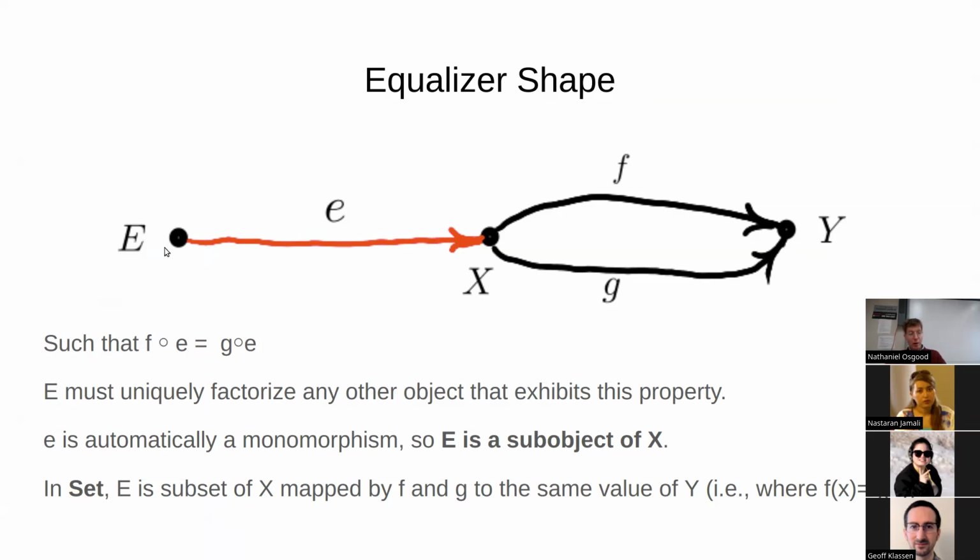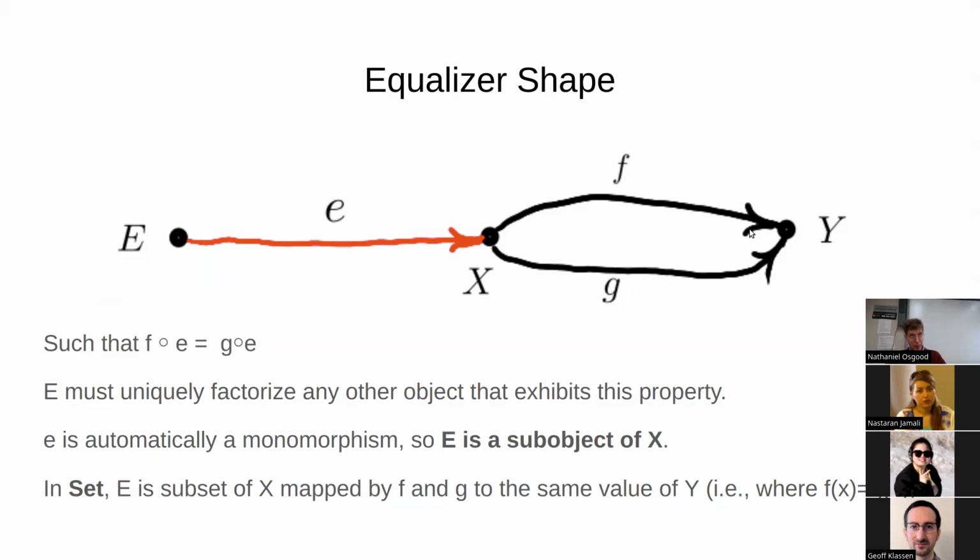Well, E is a subset of X such that what is equal to what? So E is a subset of X, the elements of X such that, let's call an element of X little x, E includes all the little x's such that f of x is equal to g of x.